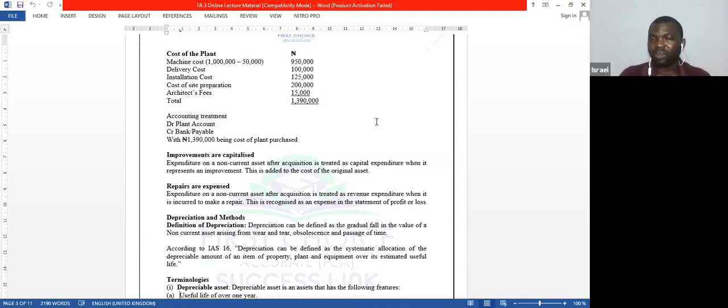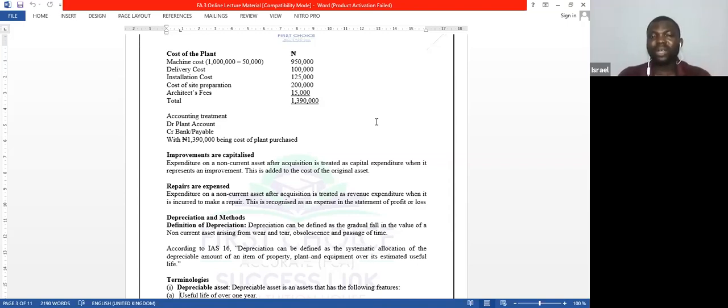At the end of January, I'm expected to account for the value of the economic benefit I've enjoyed from that motor vehicle. I'm expected to take it to my profit or loss account. That is what we call subsequent measurement, and that is what brings in what we call depreciation.